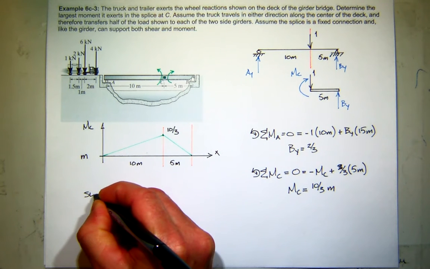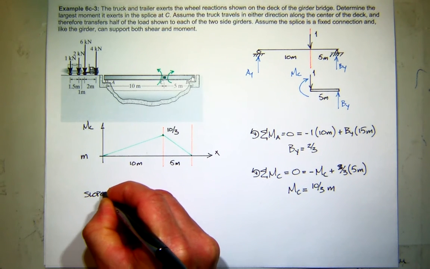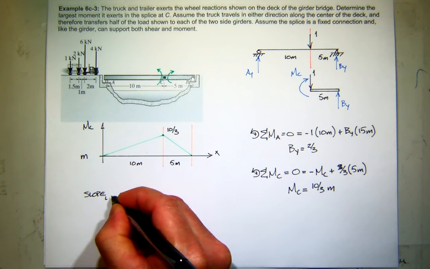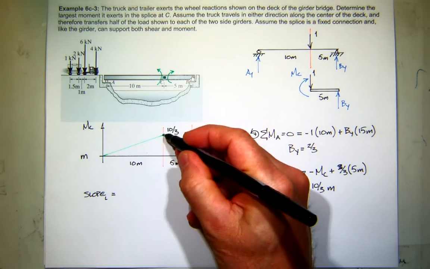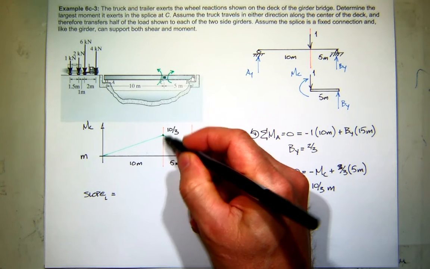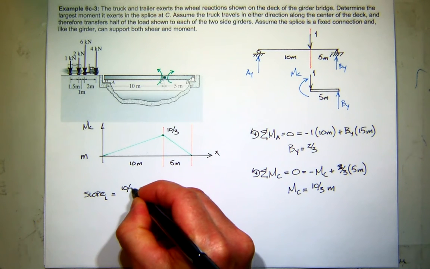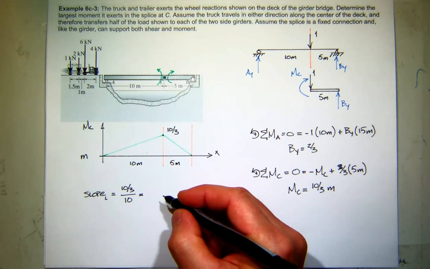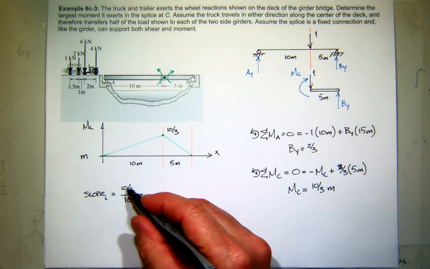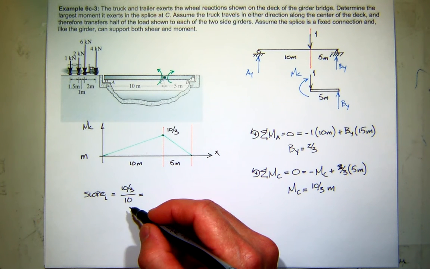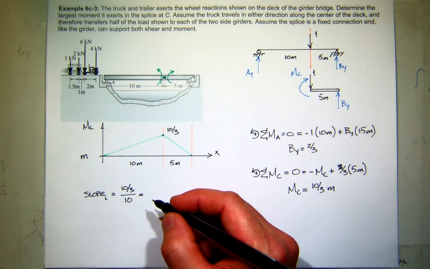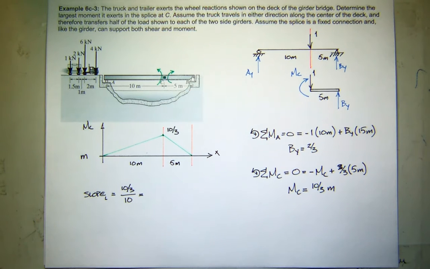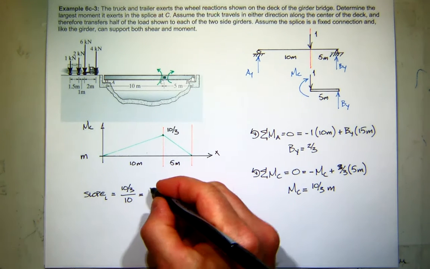So it's going to be rise 10/3 divided by 10, which is 10/30ths, or 1/3, right? Yeah, 1/3.